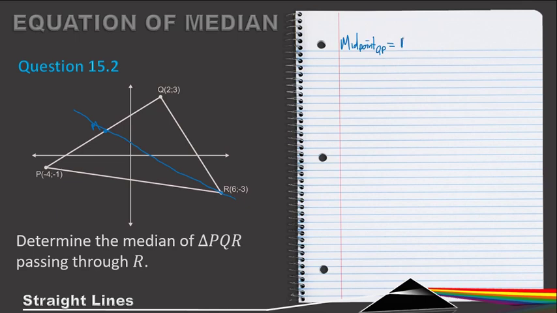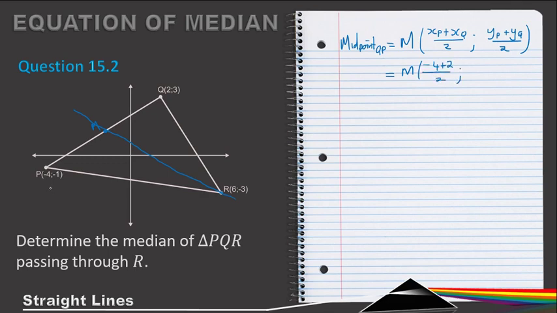is then M, where I add the x's, so x of P plus x of Q over 2, and y of P plus y of Q over 2. So if I substitute in these values, I get minus 4 plus 2 over 2.